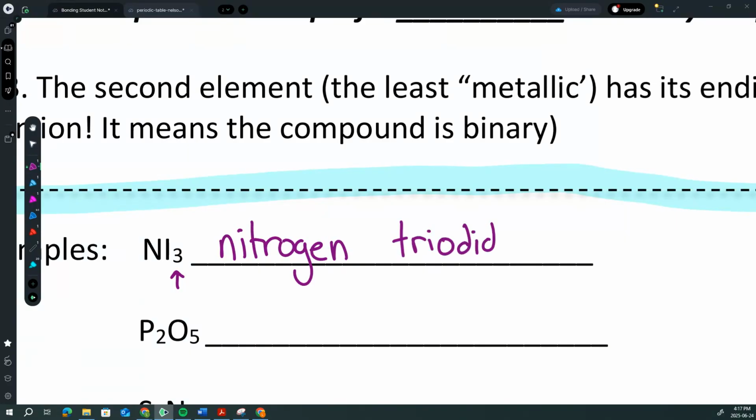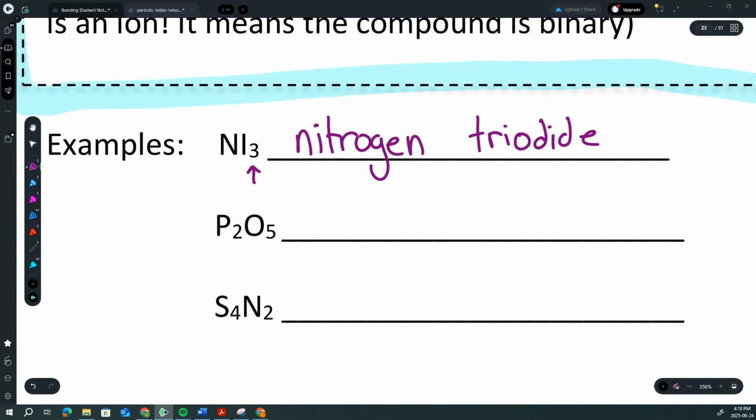Triiodide. And reminder, we can't write triiodine, with that INE ending. We have to change that ending to IDE. So for binary molecular compounds, they will always end with the IDE ending.